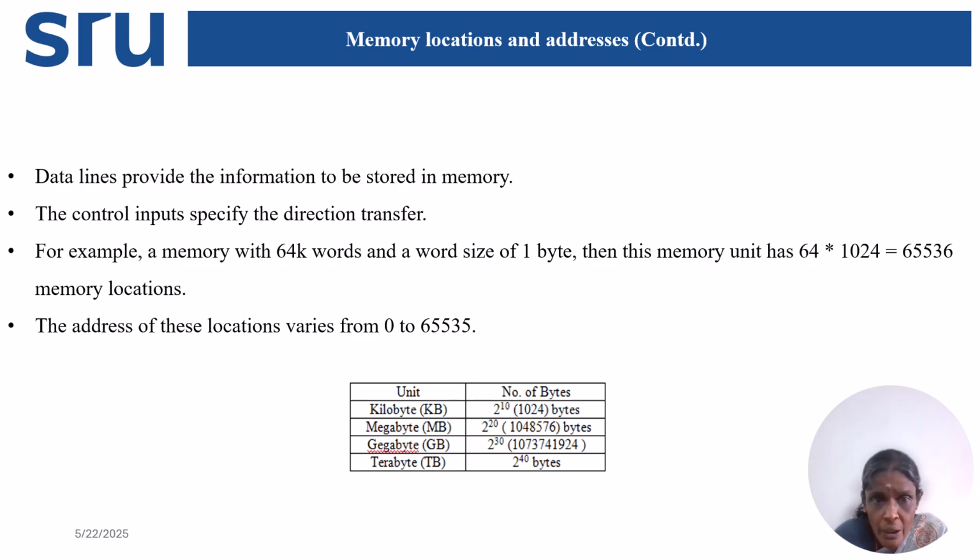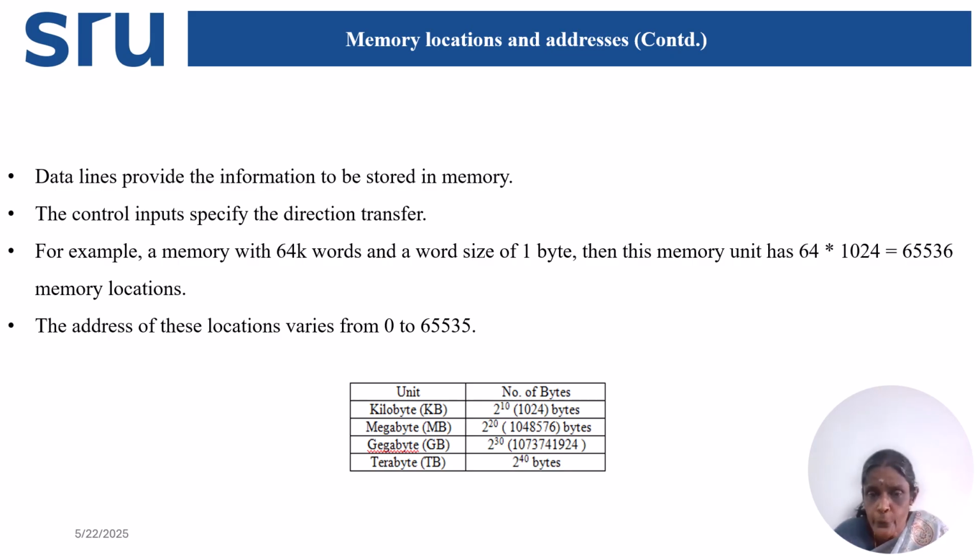So 64 times 1024 equals 65,536 memory locations. So these many locations are available. The addresses of these locations, as I told you, the count should start from 0 to 65,535.